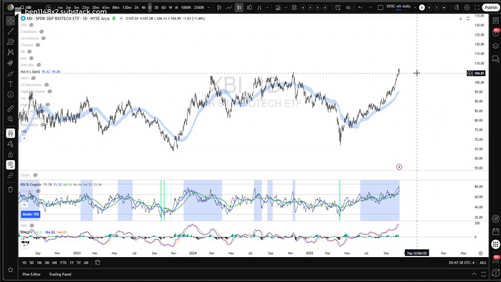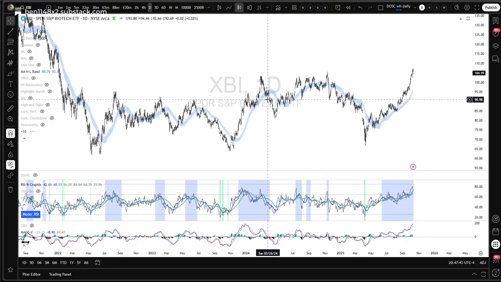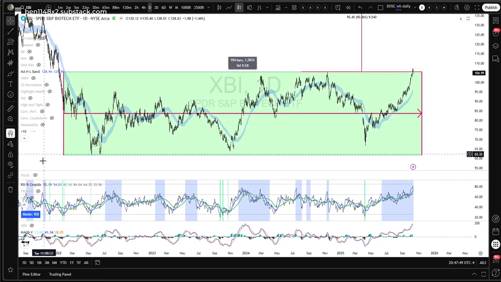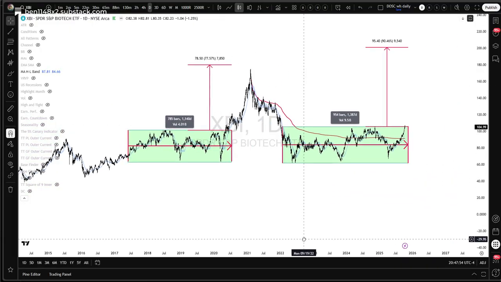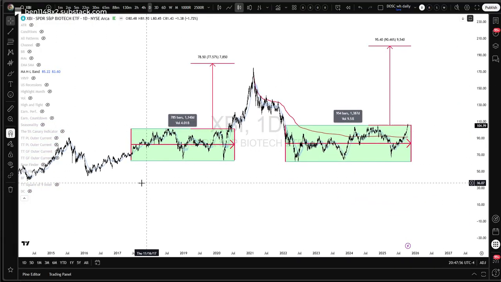But biotechs tend to do well seasonally into December. And we can see that we've had measured moves out of biotechs in the past as well. So I'm going to zoom out on this chart, and one phrase that you'll hear a lot is: the wider the base, the higher the space.